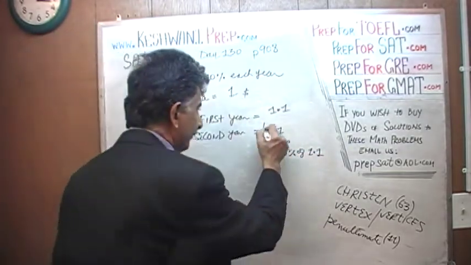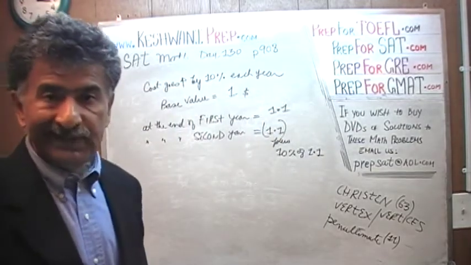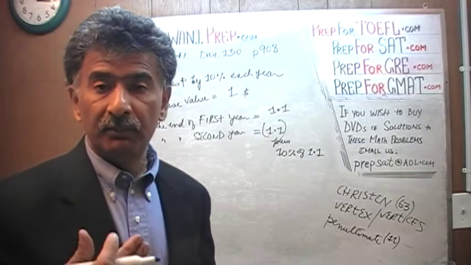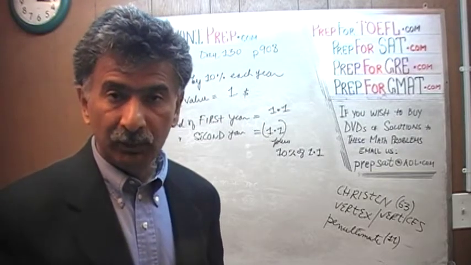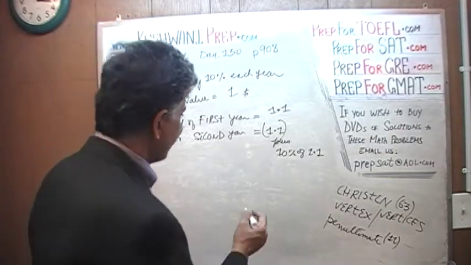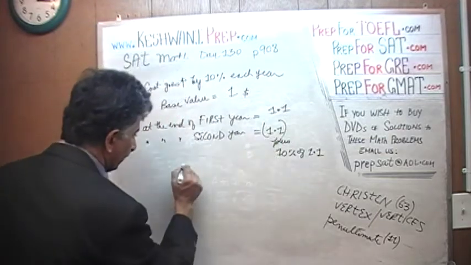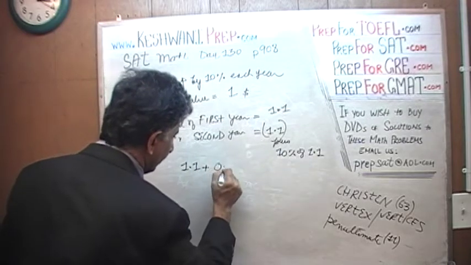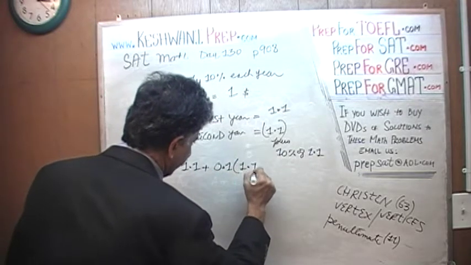That 1.1 is the starting point, which is the end of the first year and the beginning of the second year. Therefore, at the end of the second year, it will be 1.1 plus 10% of 1.1, which is 0.1 times 1.1.